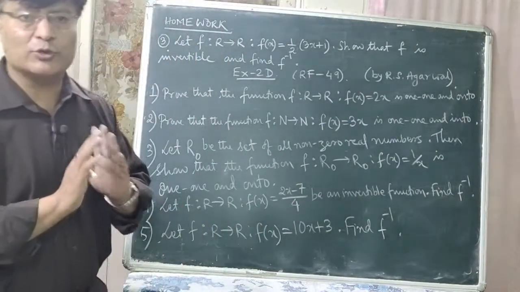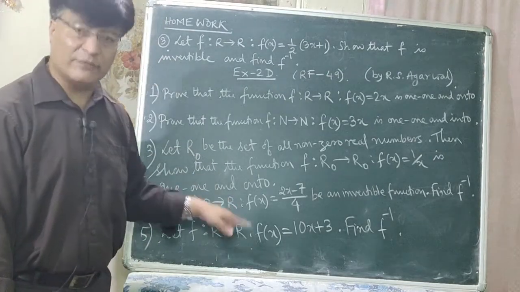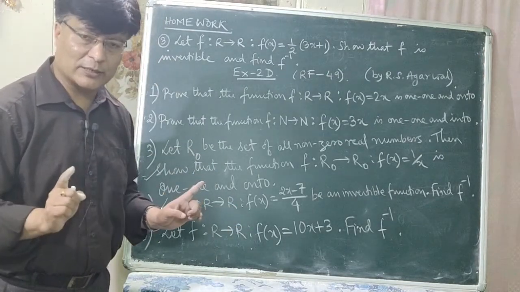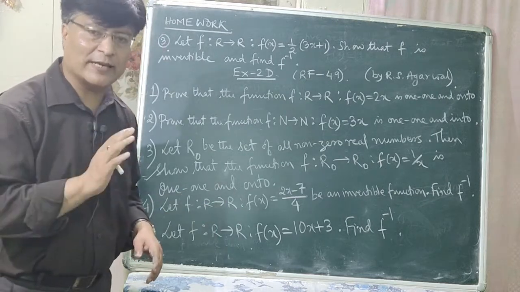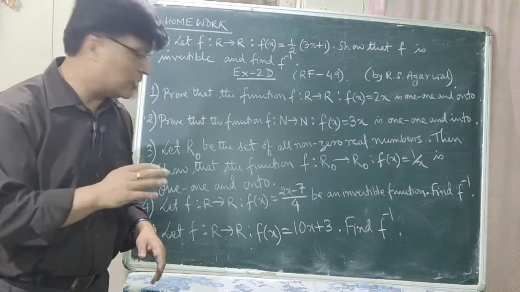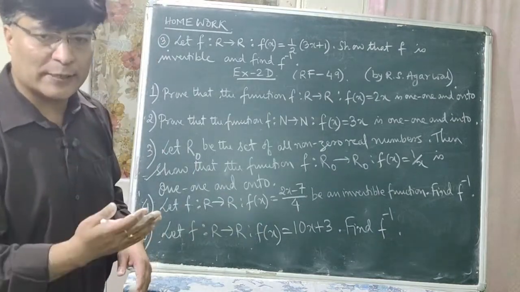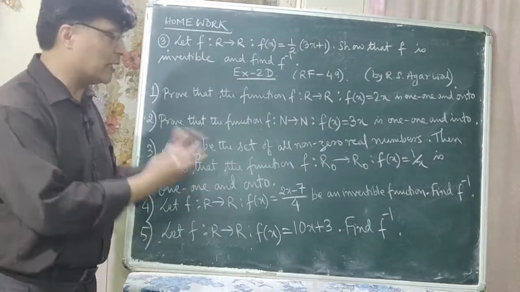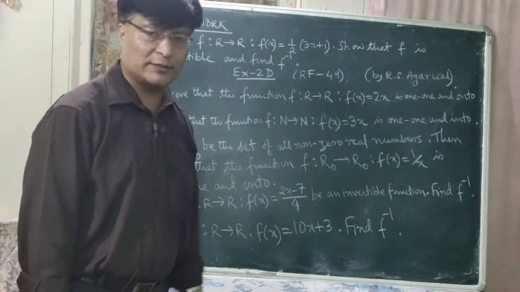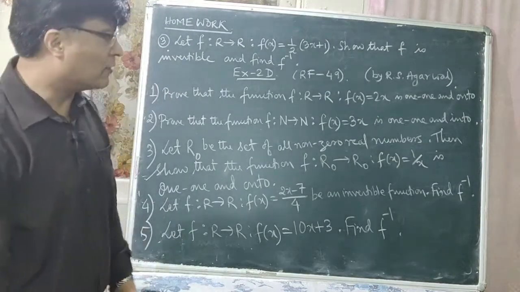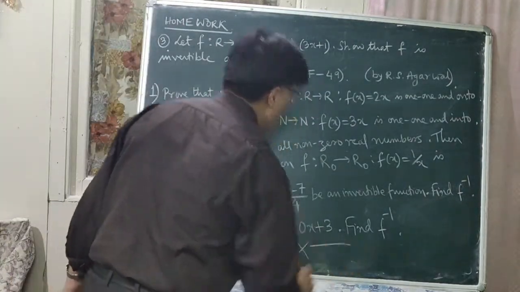In this case also you don't have to prove that f is invertible, or that f is 1-1 onto. Just find f inverse by letting y is equal to f of x is equal to 10x plus 3, express x in terms of y, then you can easily get f inverse. So I think you have understood it. So these are your homework.